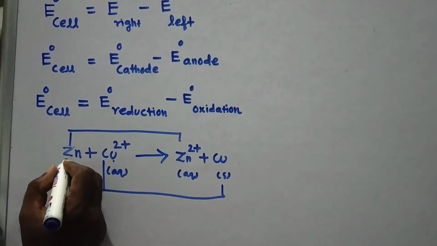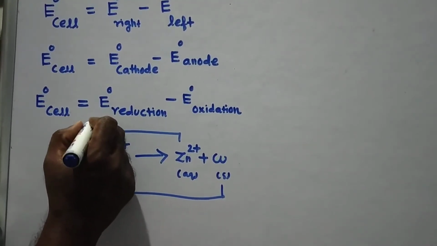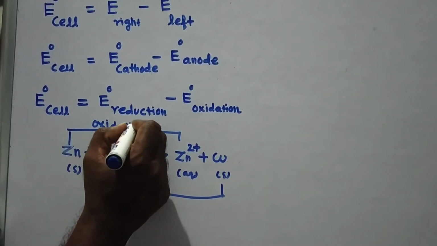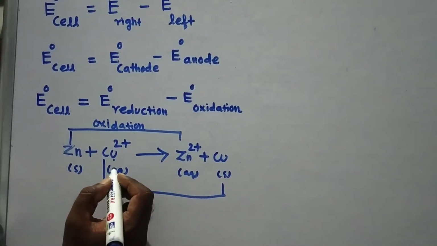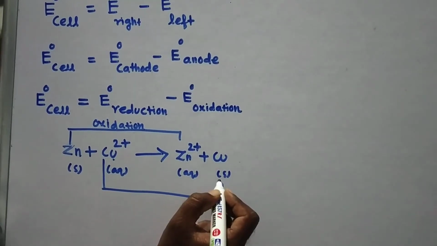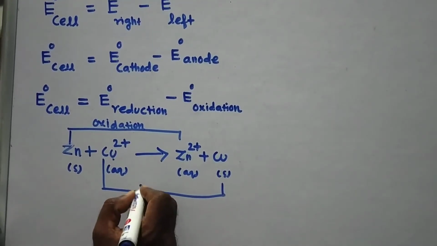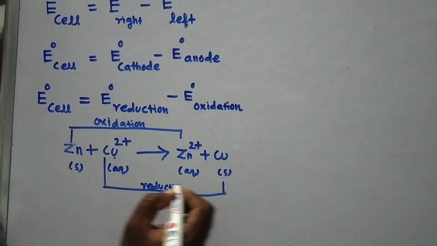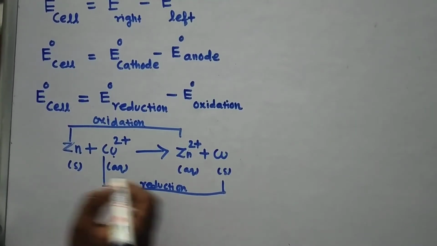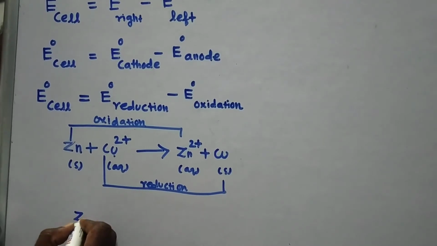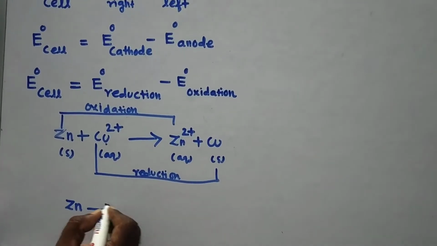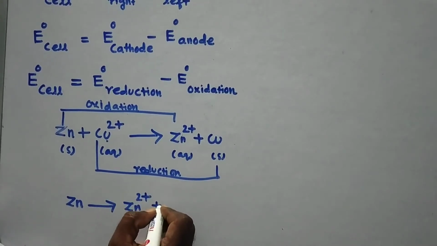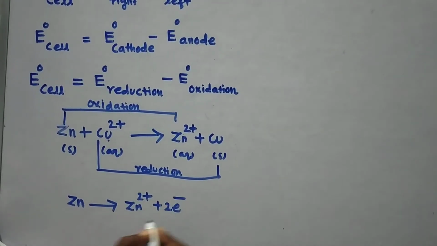Therefore, zinc undergoes oxidation by losing 2 electrons. Then copper gains 2 electrons and becomes Cu. Therefore, it undergoes reduction. Now we are going to take the individual reactions. It means zinc becomes Zn2 plus by losing 2 electrons.